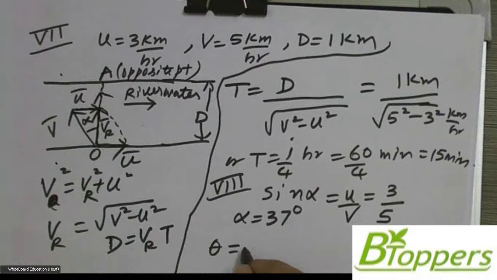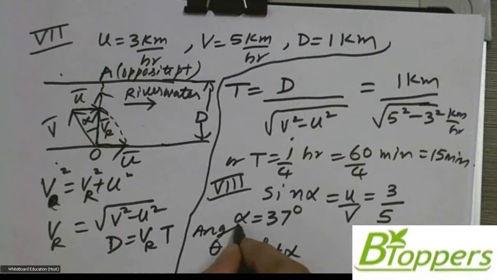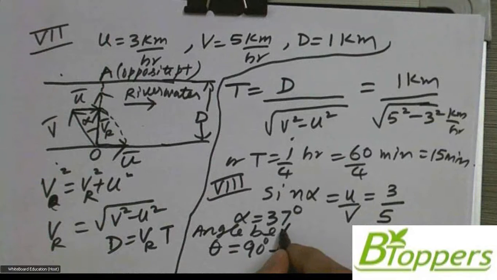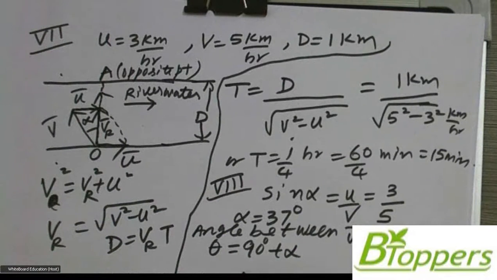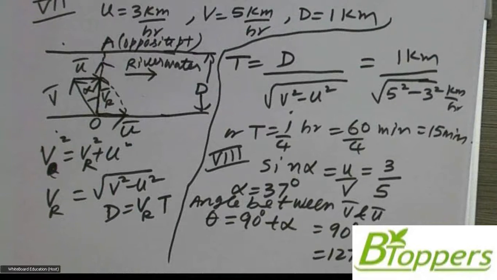Therefore the angle theta between V bar and U bar is 90 degrees plus alpha. That is 90 plus 37. That will be equal to 127 degrees. That will be the answer for question number 8.